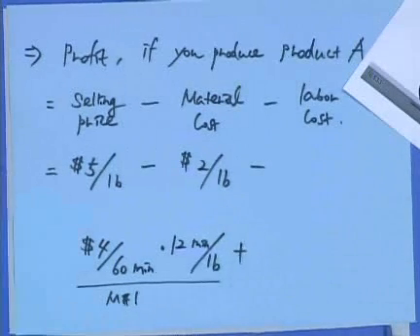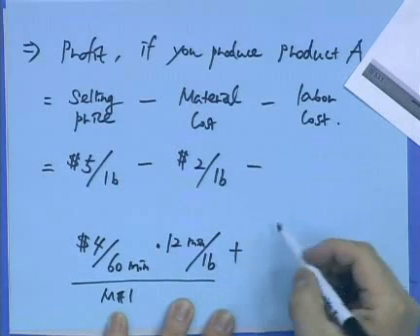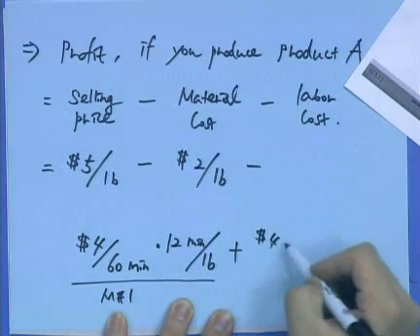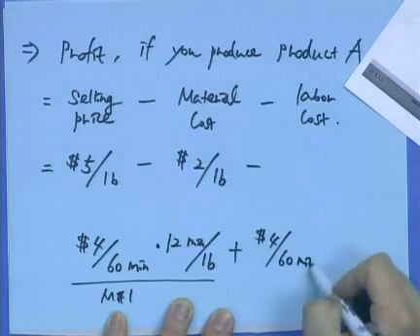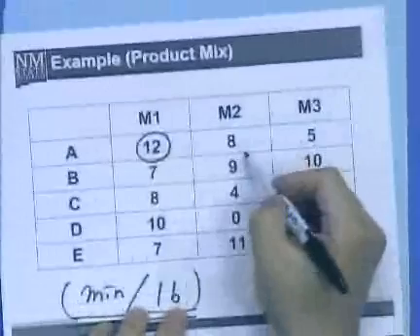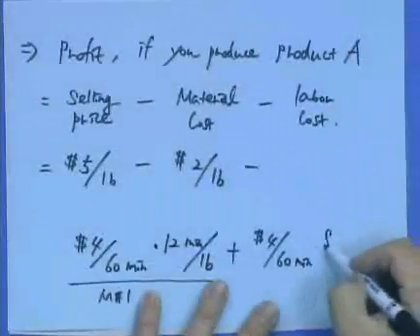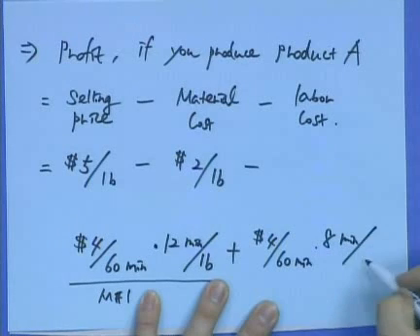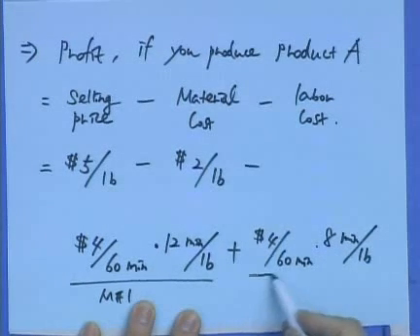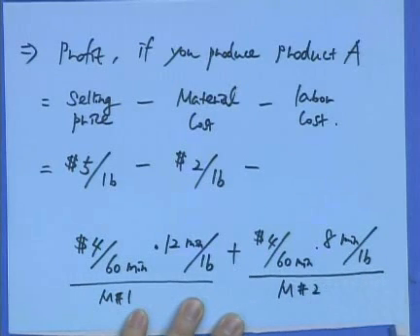And plus $4 per 60 minutes times 8 minutes per pound, right? These are the labor costs for machine number 2. Is that right?